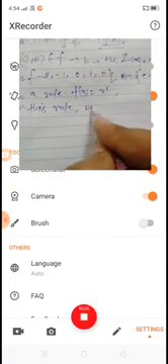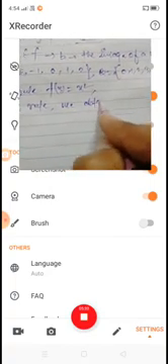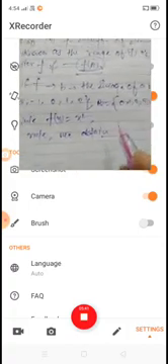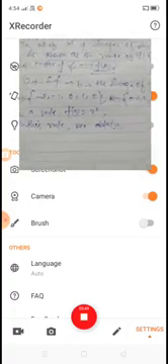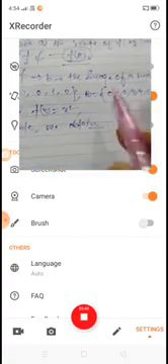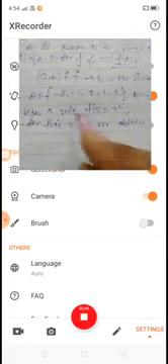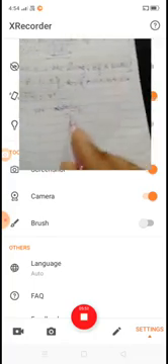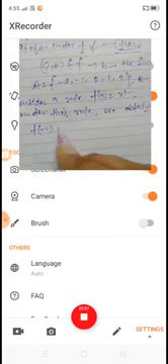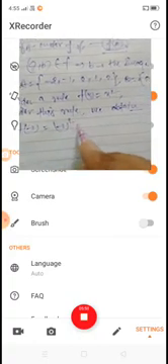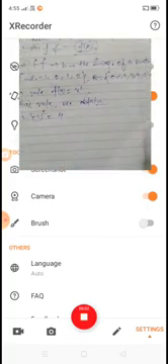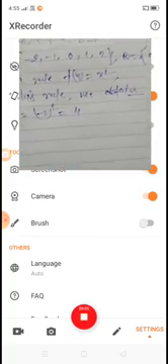Under this rule we obtain what? f(-2) is equal to (-2) squared, that is 4.